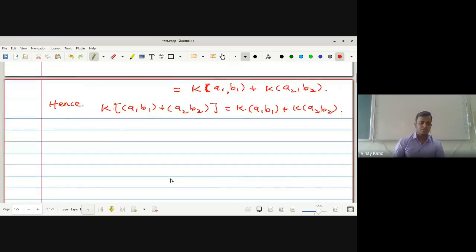Now the eighth property: multiplication by a vector is distributive with respect to scalar addition.